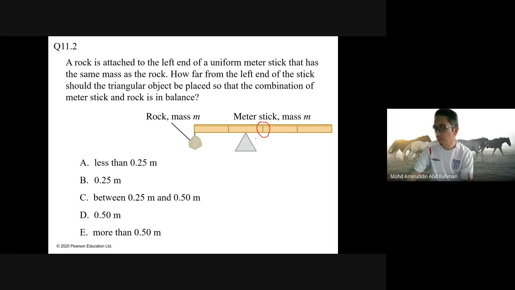Okay, so you need to know what this is. I assume that it is x. So how do you solve this?